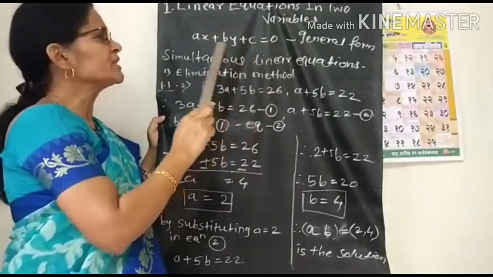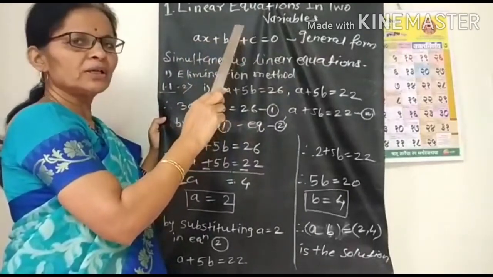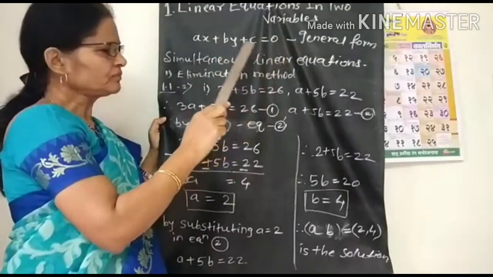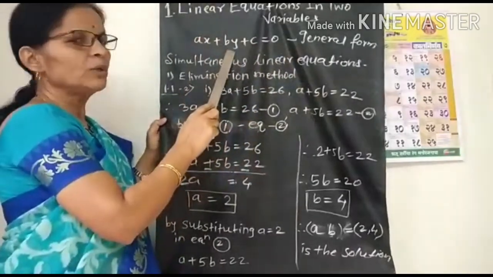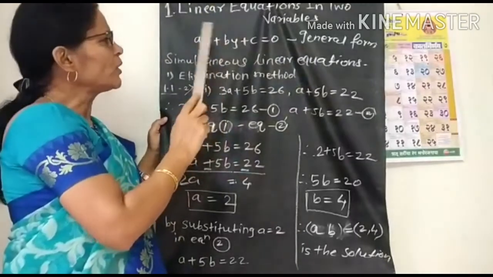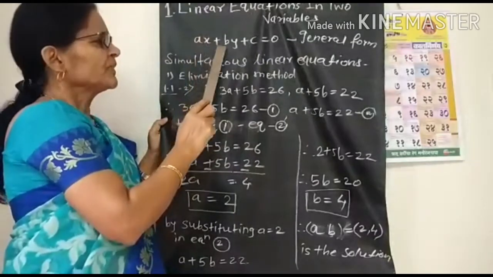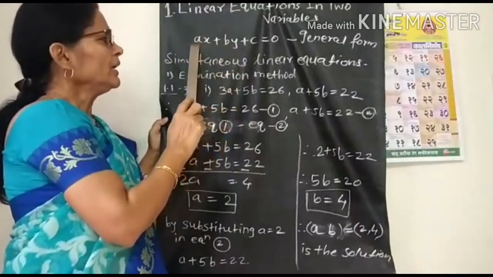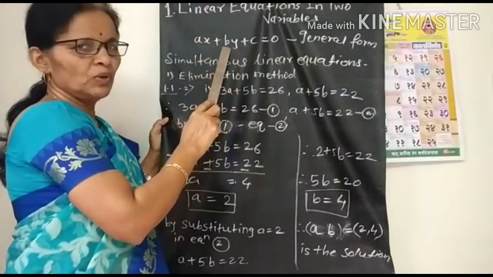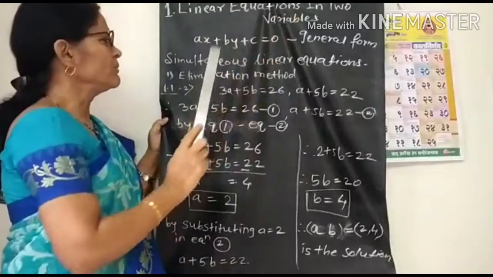But one condition is given: a and b are not equal to 0 at the same time or at any time. Why not? When a equal to 0, then this term will collapse and equation becomes in one variable. So a and b not equal to 0 is the condition for linear equation in two variables.